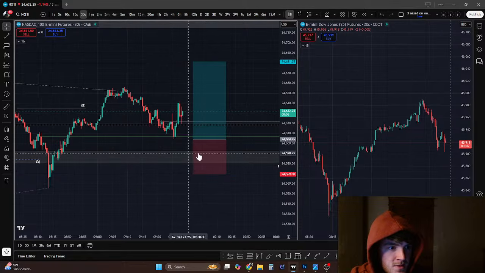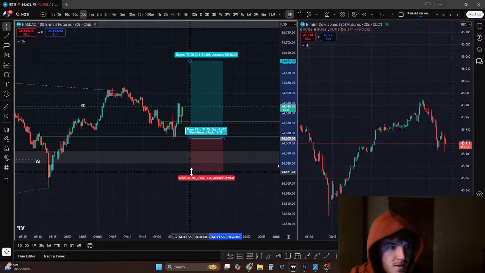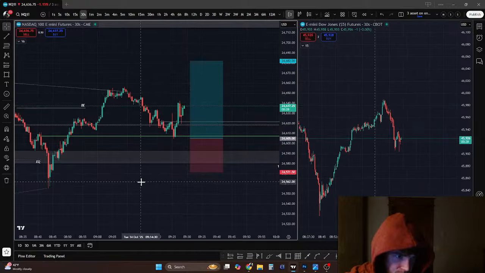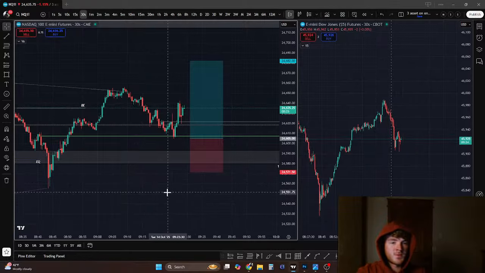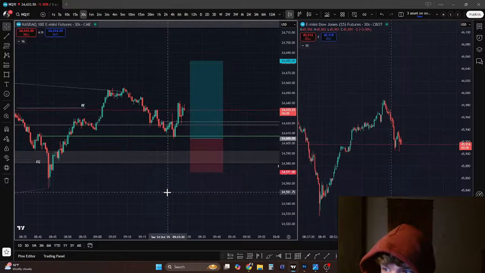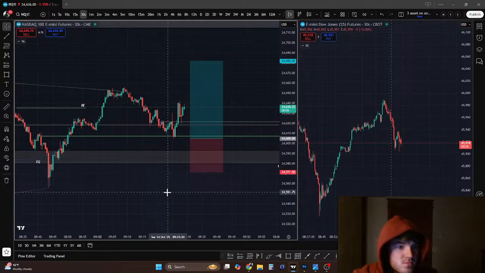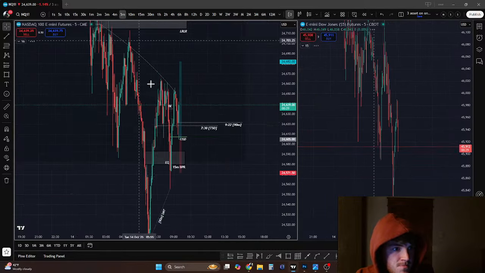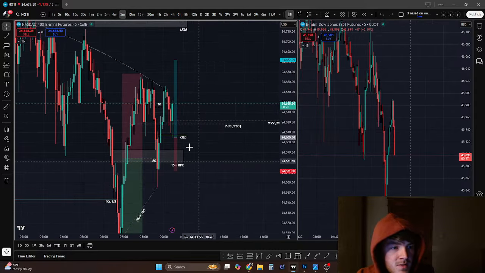So if we induce this low into the change in state, I don't know if we would, but it's not really looking like we will.